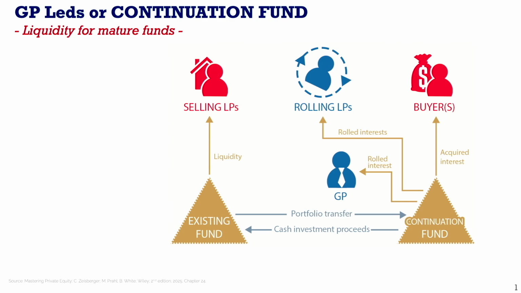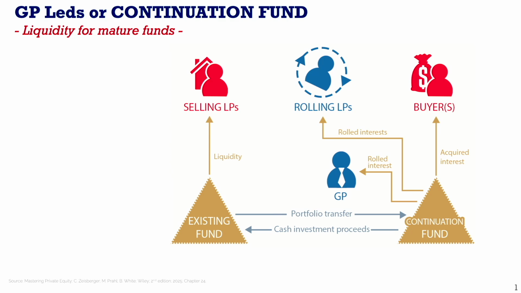It will have had new LPs coming in that were not in the existing fund, but it may have some existing LPs that roll over into the continuation fund. Why? Because they still see some upside in those assets that are being transferred between those two funds. So very clearly, both funds have distinct sets of LPs.